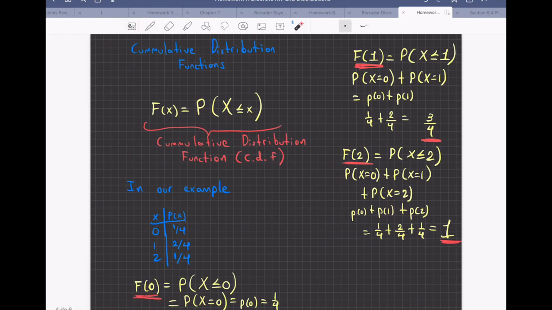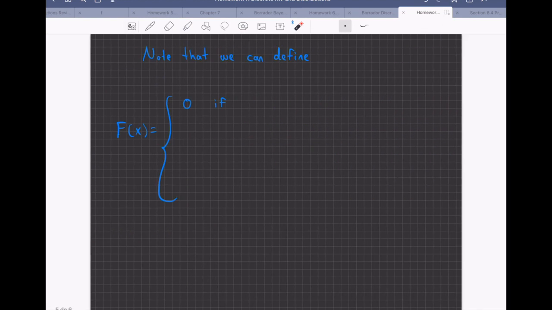Notice the lowest value we have in this example is 0, so nothing less than 0. So we can say that this function is 0 for any x less than 0.